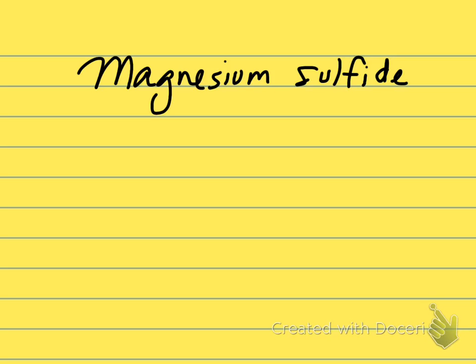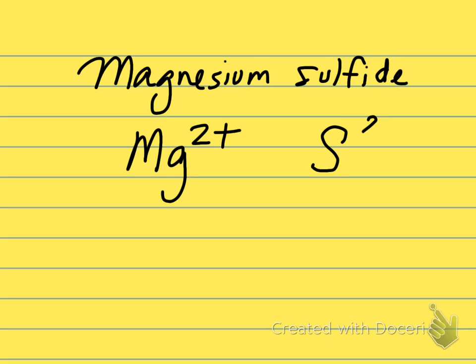Forms what kind of ion? 2 plus. So, magnesium ion is Mg2+. Sulfur is in what group? 16. It has to do what to be just like a noble gas? Gain 2. So that's going to be 2 minus. I know. So S2-.